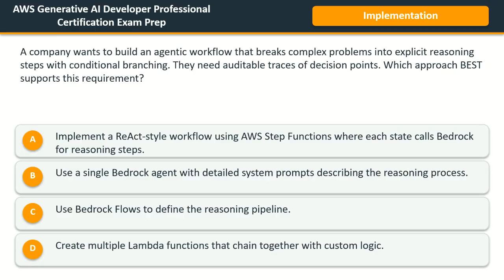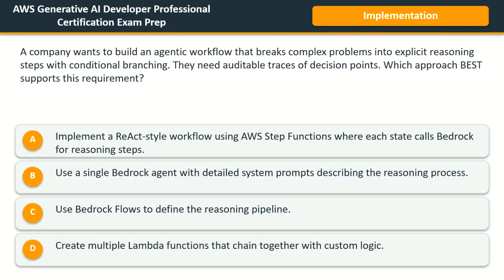Option B, use a single Bedrock agent with detailed system prompts describing the reasoning process. C, use Bedrock Flows to define the reasoning pipeline. D, create multiple Lambda functions that chain together with custom logic. The correct answer is A.